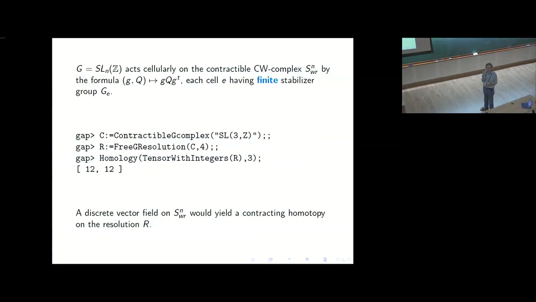That's implemented in GAP. But for these higher dimensional cellular complexes for arithmetic groups, at the moment we don't actually have a formula or the understanding of how best to implement the contracting vector field or the discrete vector field.